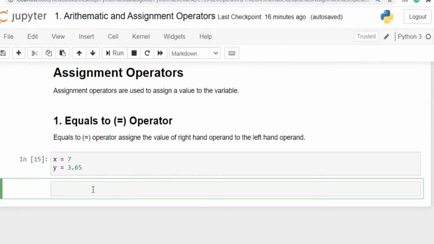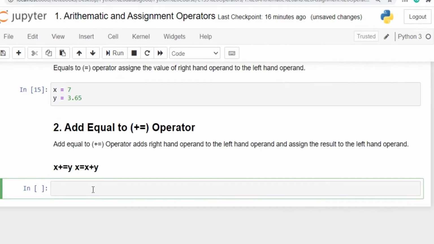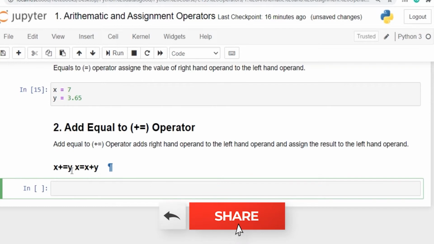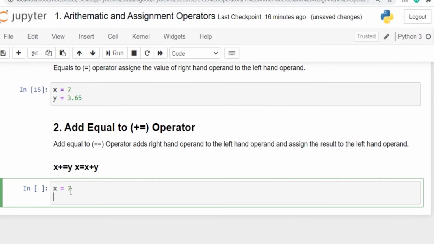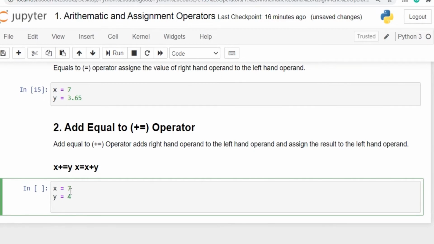Then we have the add equal to operator, which adds the right-hand operand to the left-hand operand and assigns the result to the left-hand operand. For example, x plus equal to y implies x is equal to x plus y. X equal to 7, y equal to 4. X equal to 7 plus 4 equal to 11.